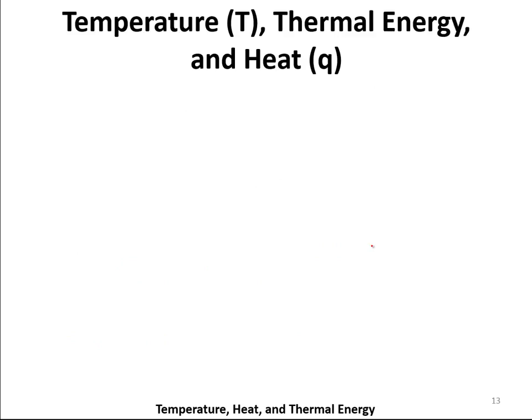Here's a simple illustration of heat. Let's say we have two objects that are in physical contact with each other, and the object on the left, the one in red, is at a higher temperature, T1, than the object on the right, which is at T2.